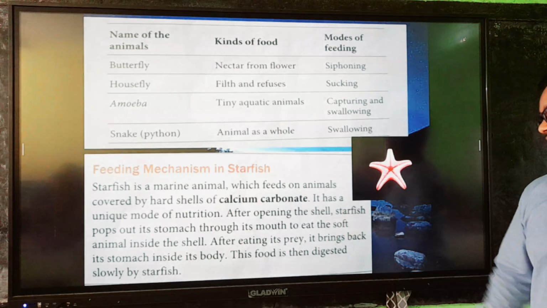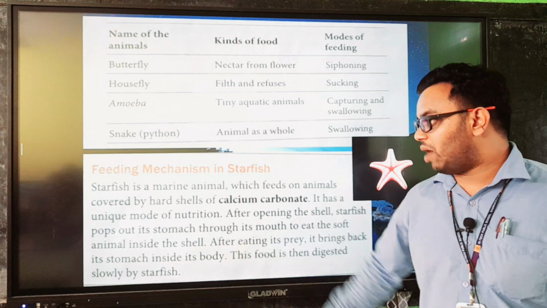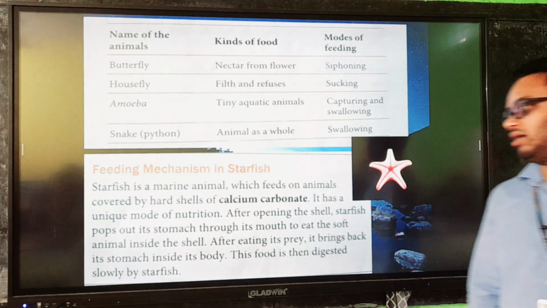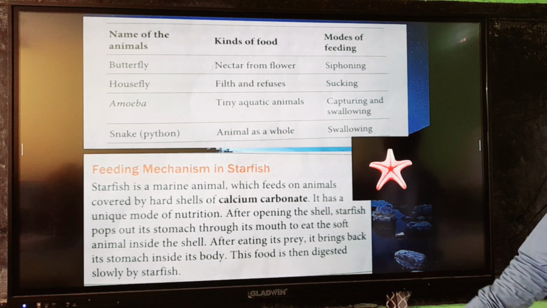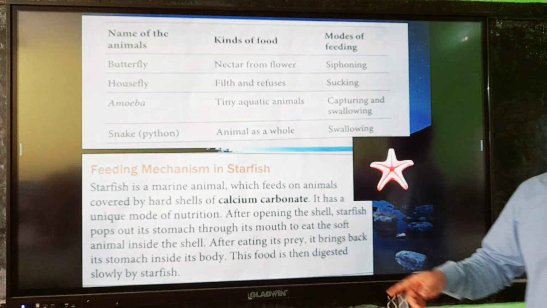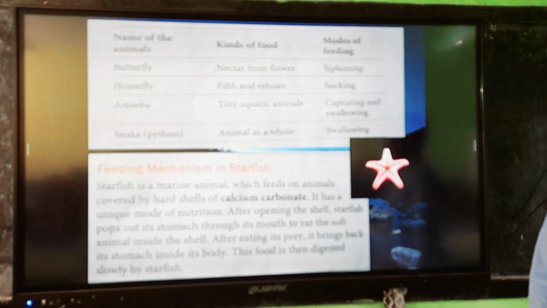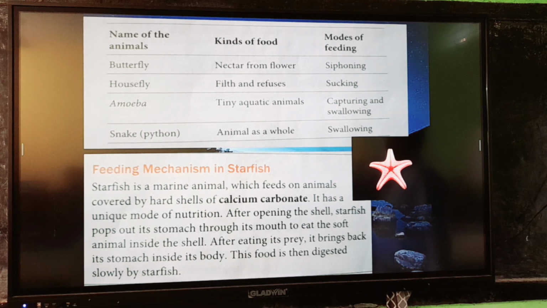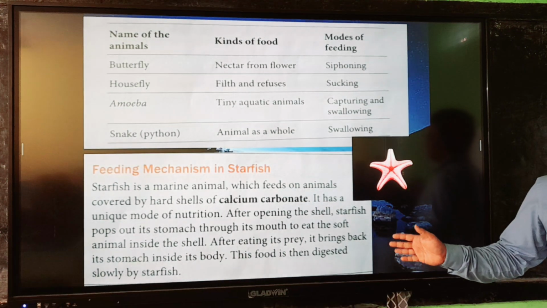After opening the shell, starfish pops out its stomach through its mouth to eat the soft animal inside the shell. After eating its prey, it brings back its stomach inside the body. This food is then digested slowly by starfish. It's very unique or not? Starfish.